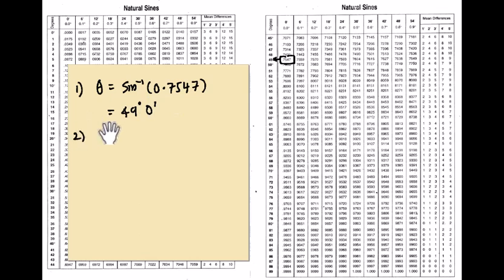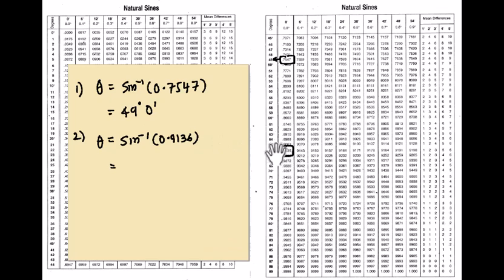Let me take another example. Say theta is equal to sine inverse of 0.9136. So you're trying to go as close to 9136 as possible. And when I do that, you can pause this and try to figure this out. Okay, I hope you got this. So here, you have 9135.